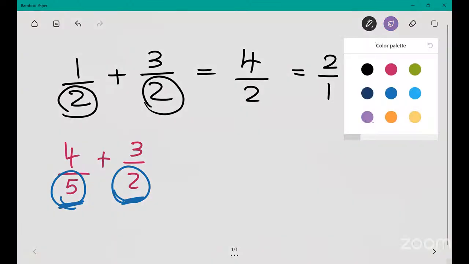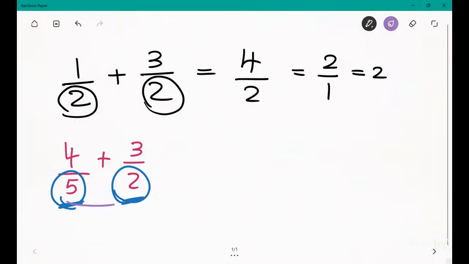You have to find the common multiple of the two. For 5 and 2, the closest common multiple is 10. You can multiply this fraction by a certain number to get the denominator as 10, and this fraction by a certain number to get the denominator as 10.